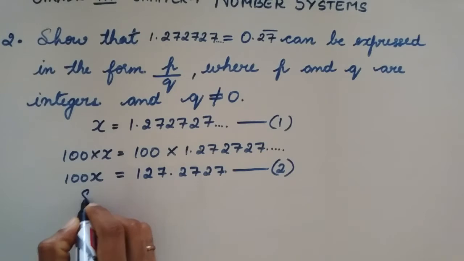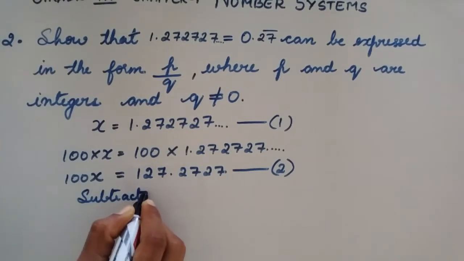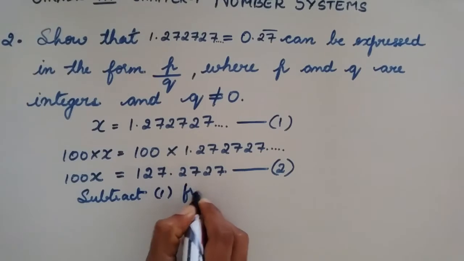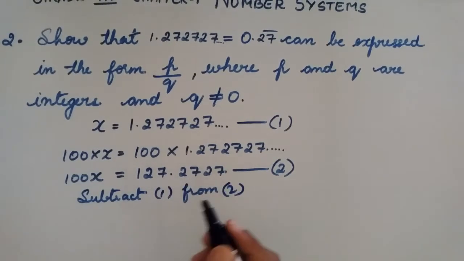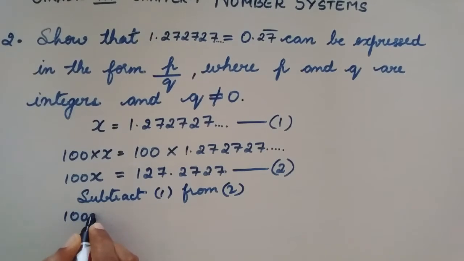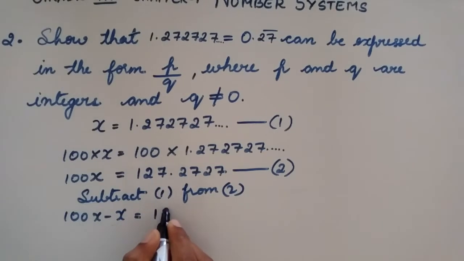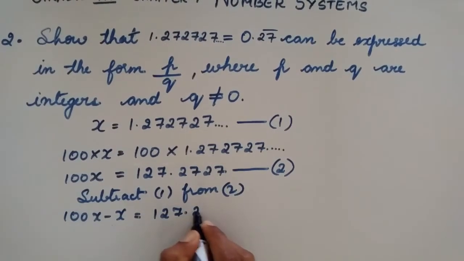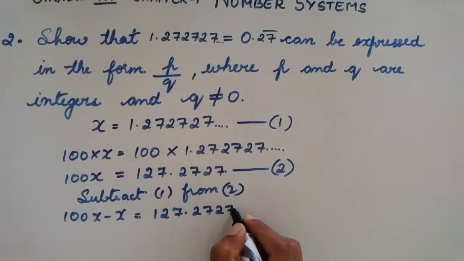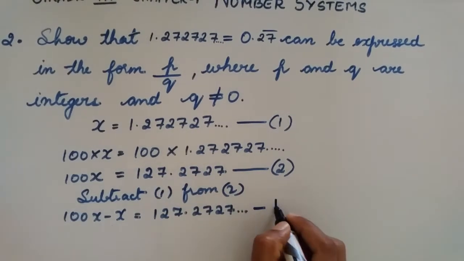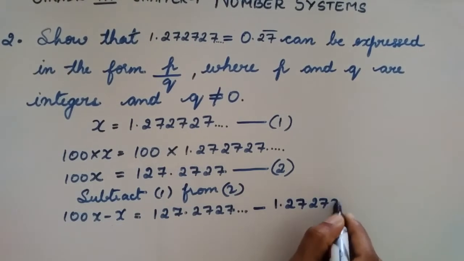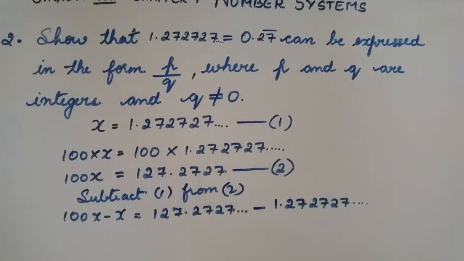And then subtract 1 from 2. You get 100x minus x is equal to 127.2727... minus 1.272727... And then we need to subtract this.